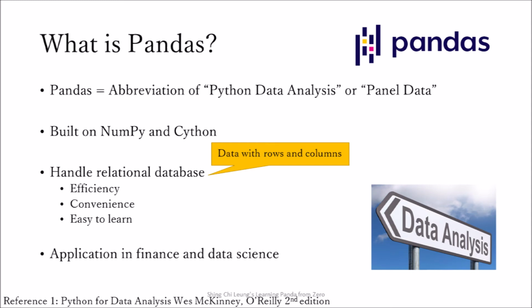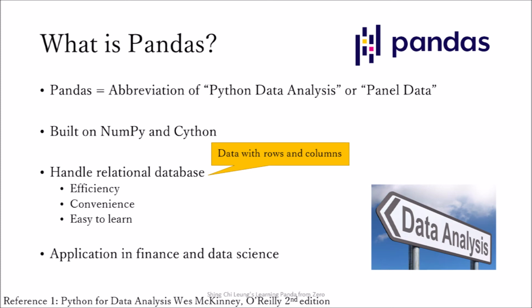It is built on top of NumPy and Python. From NumPy, we can see it benefits from the efficient binding to handle array much faster than native Python. And hence, Pandas can handle relational database efficiently, conveniently, and easily.